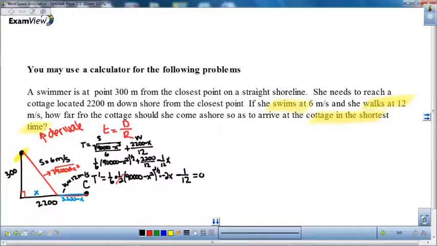So the 1/2 and the 2 are going to cancel, and I'm left with negative x over 6 square root of 90,000 minus x squared, minus 12, and that's equal to 0. So I'm going to add 12 to both sides.